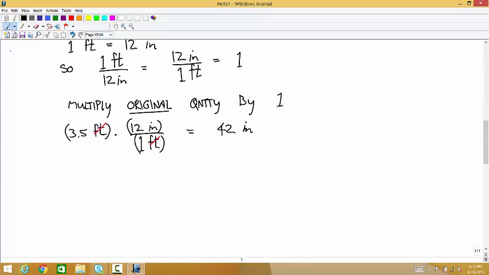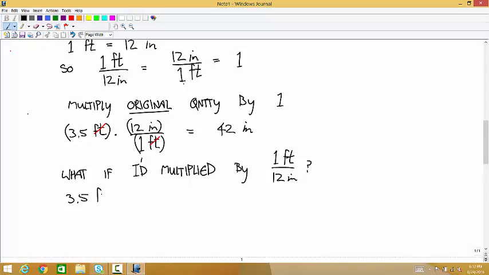What if I'd multiplied by the other fraction? These are both equal to 1, so it should be fine. What if I'd multiplied by 1 foot over 12 inches? Right, that should be fine. It shouldn't change the value of what we have.